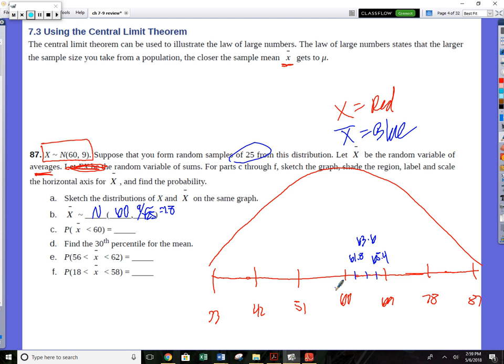So it tightens it up really quite a bit. I mean, our 3 standard deviations did not even fall outside of the first standard deviation on the original.